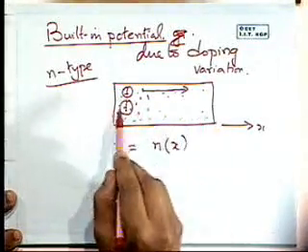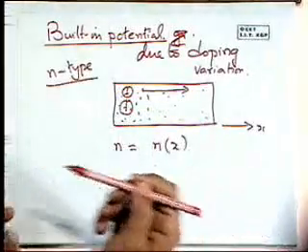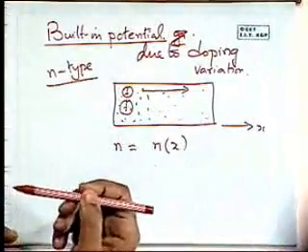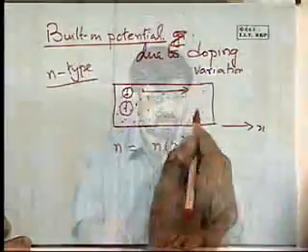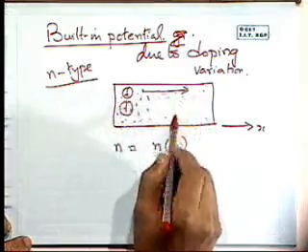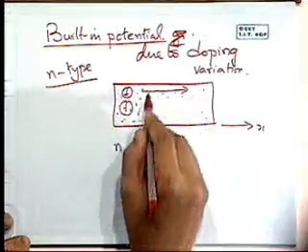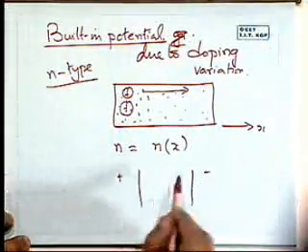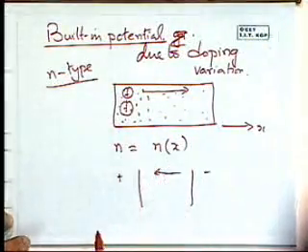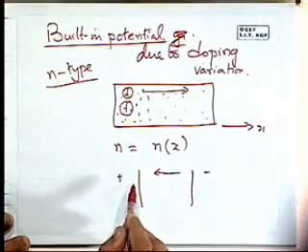And this process will continue, but then the drift current starts kicking in too. Here I had the diffusional current causing this behavior, but after some time what I'm getting is some kind of a potential where I've got plus here and minus here. So under this influence, the electrons are going to migrate this way in response to the potential.